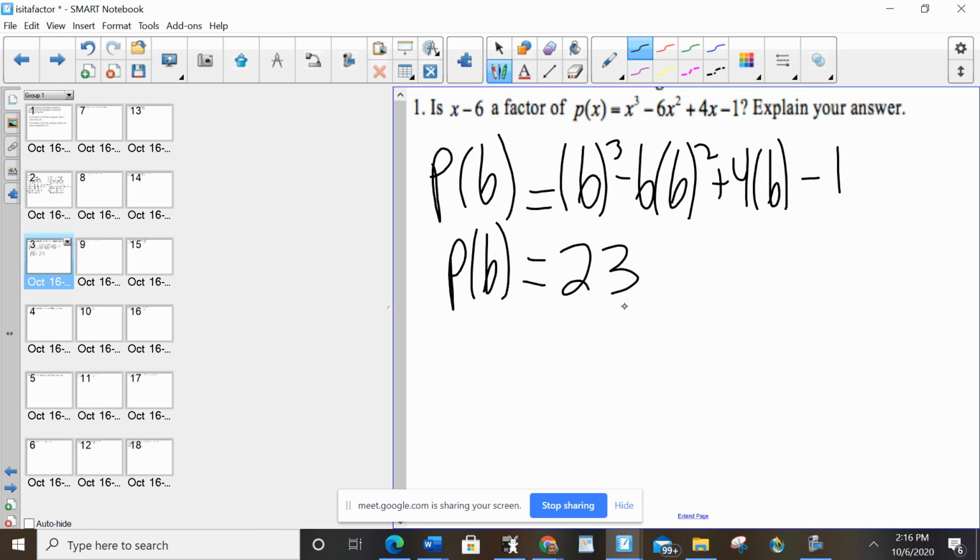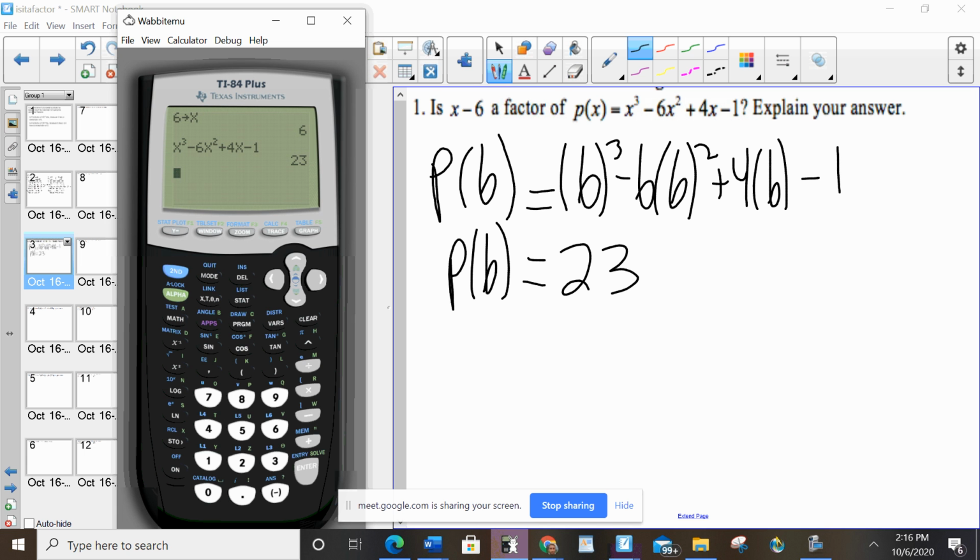Now, again, if you don't have the graphing calculator, you can just sub in 6 with whatever calculator you have. I find it's a little bit faster and easier using the storing function, which is why I'm going to continue to model that. Either way, you get 23. So the remainder is 23.